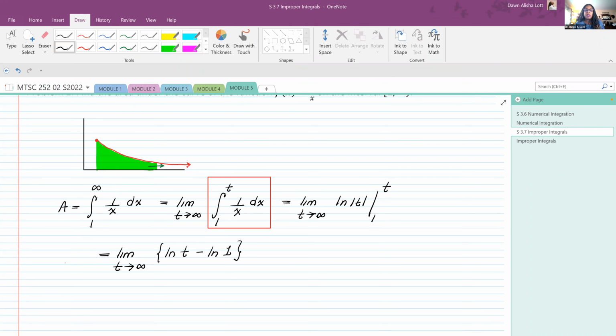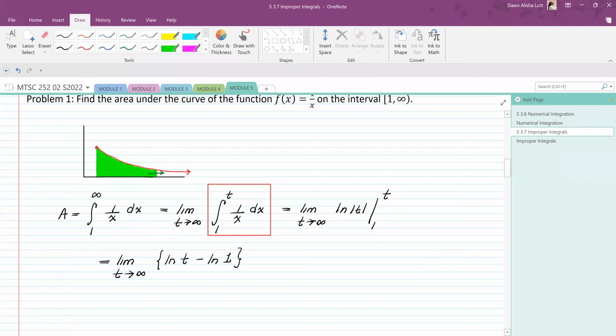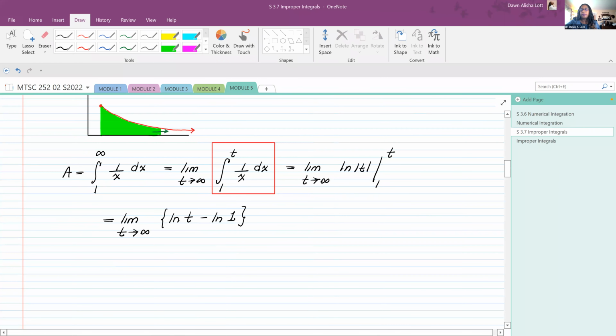Something about the log of t or something about the log of 1. Okay, we learned a lot about logarithms. Do we remember it? What's the log of 1? Is it 1? Okay, let's draw it.